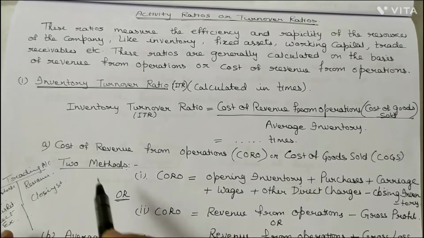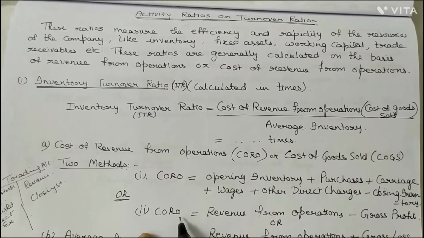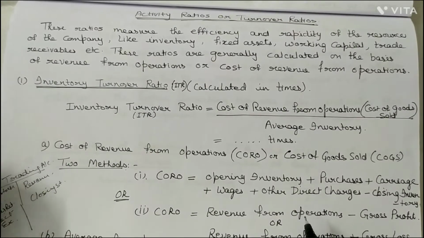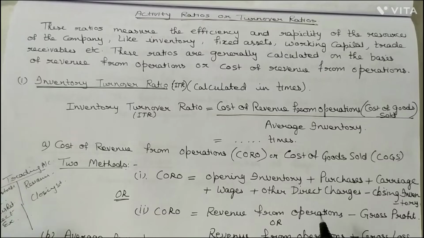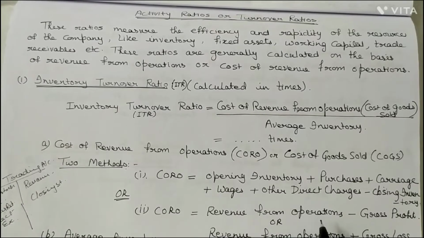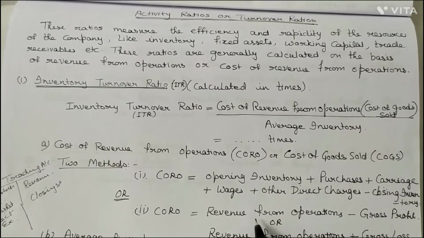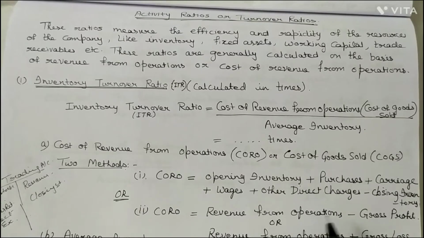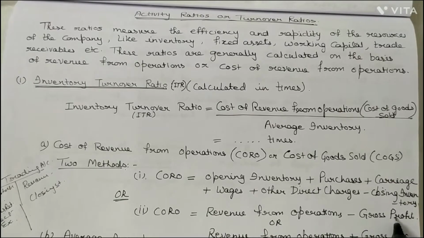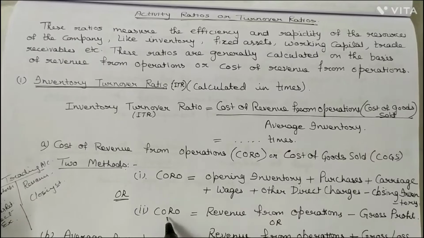If this information is not given and you are given revenue from operation, which means sales, and gross profit, then you calculate like this: revenue from operation minus gross profit is equal to cost of revenue from operation.